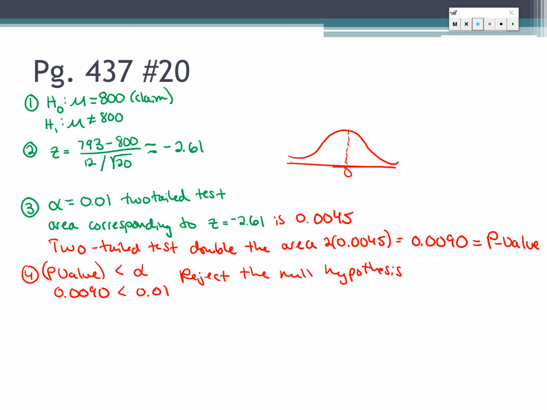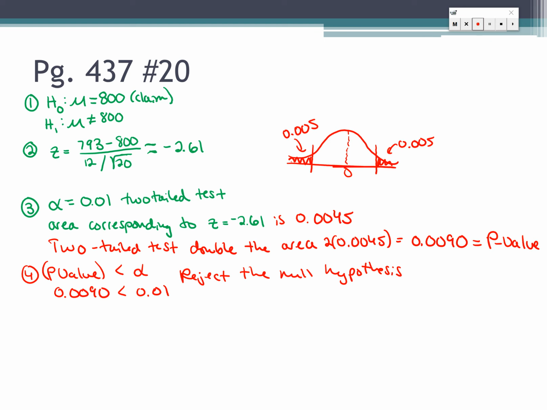Now, if alpha is 0.01 and it's a two-tailed test, what's the area in each tail going to be? 0.005, if it's a two-tail.